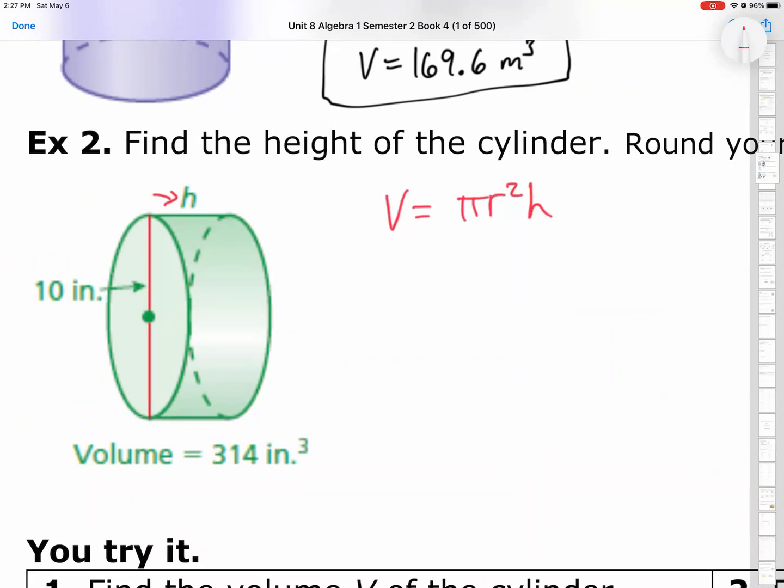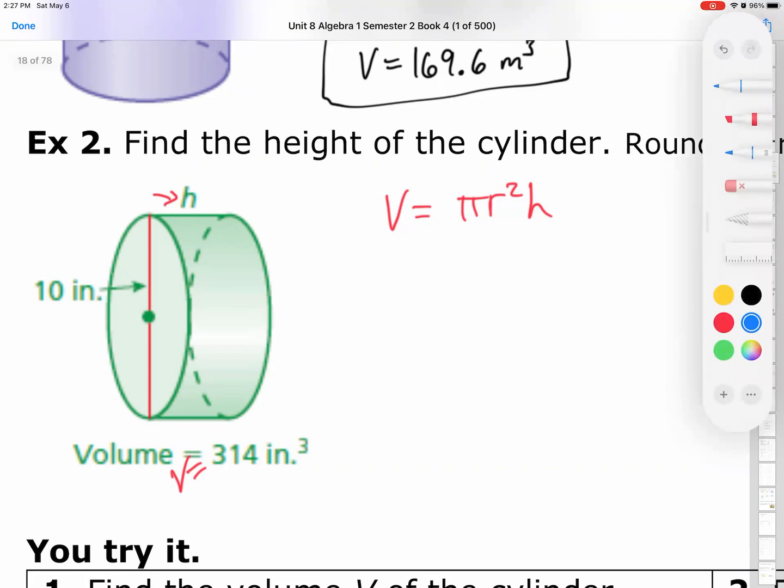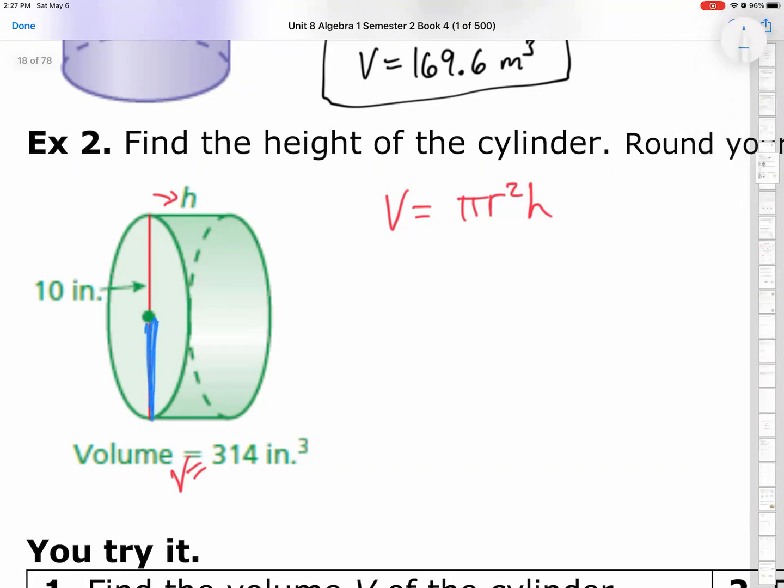And so what we can go ahead and do is plug in our notes and say, hey, we know our volume is really 314, and we know the diameter is 10, right? So our radius, let's choose a different color, our radius is actually 5. But we can go ahead and place these items in there then.